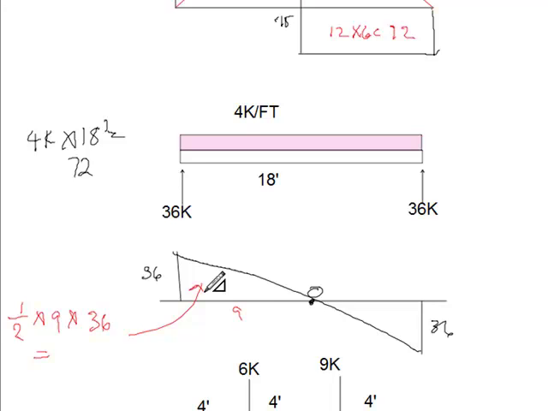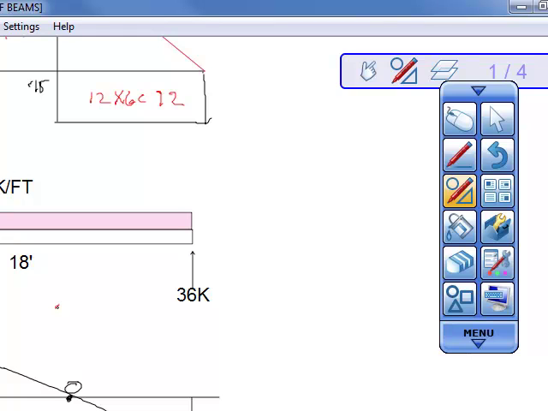$162. So we know that our maximum moment, if we did it to scale, is going to be up here somewhere at 162 above the line.